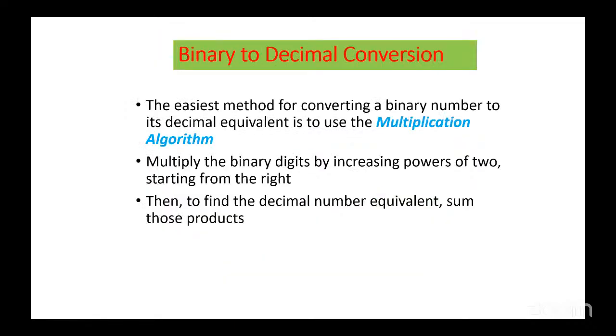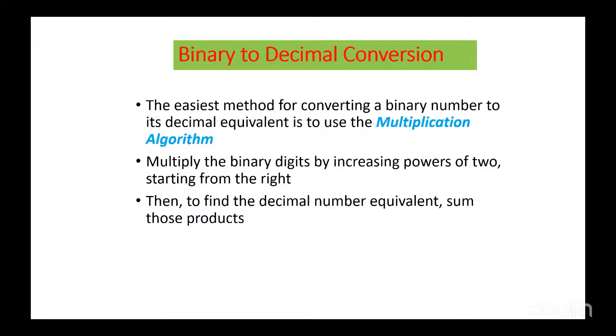Binary to decimal conversion. Which is the easiest method to convert a binary number to its decimal equivalent? It uses the multiplication algorithm. What method are we using? The multiplication algorithm.